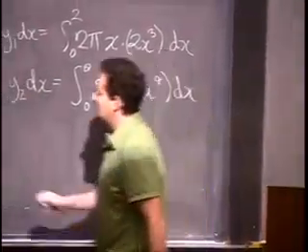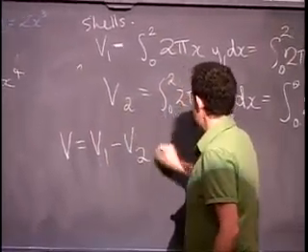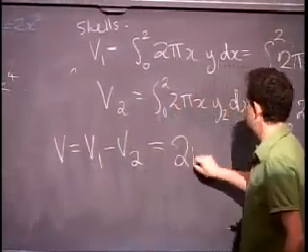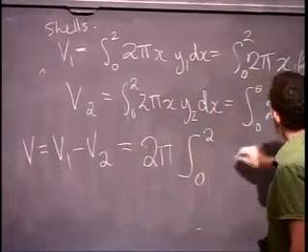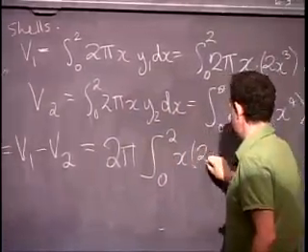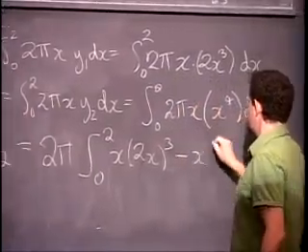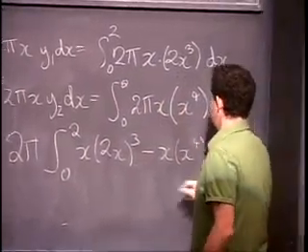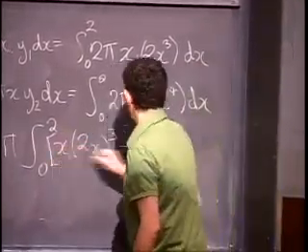And of course, the actual volume I want is the difference. And again, I could combine them into the same integral, pull out the 2 pi, and you get x times 2x cubed minus x times x to the fourth. Again, you write this as 2x to the fourth minus x to the fifth.